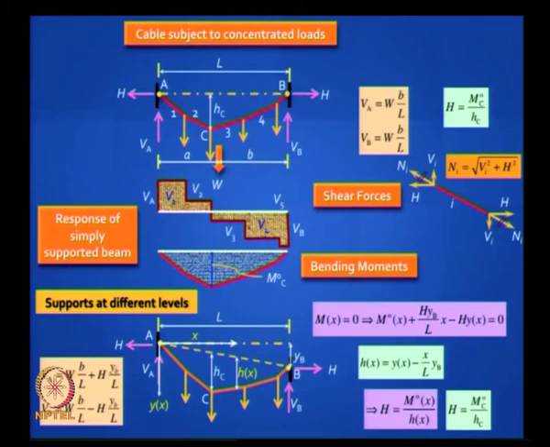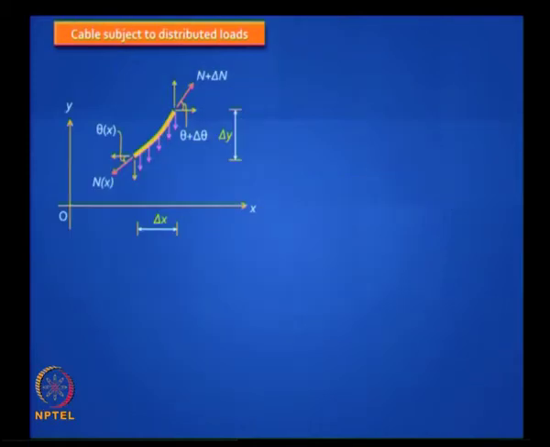So the difference between the first case where the two supports were at the same elevation and the second case where the two supports are at different elevations is only in the vertical reactions. The horizontal force is the same, VA increases to some extent and VB reduces.